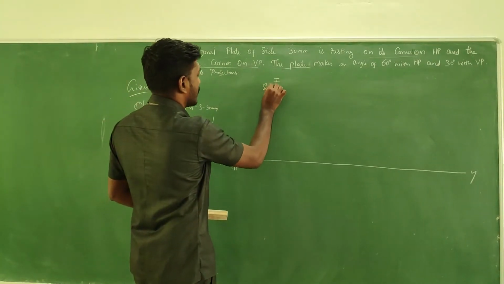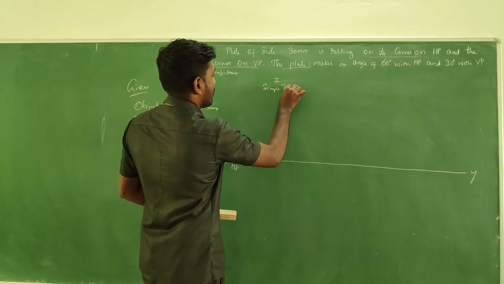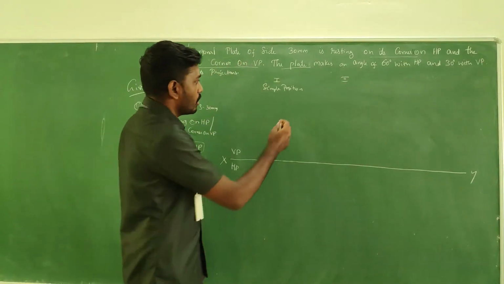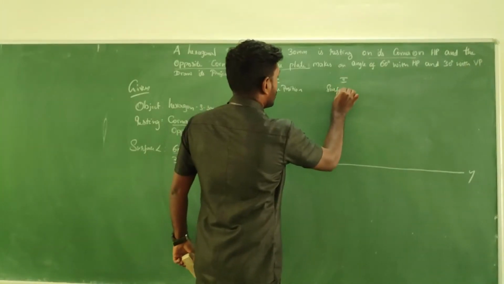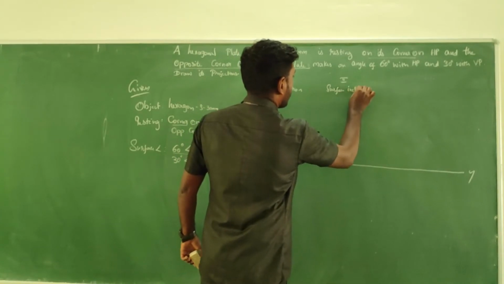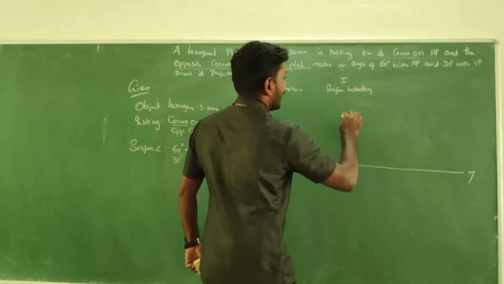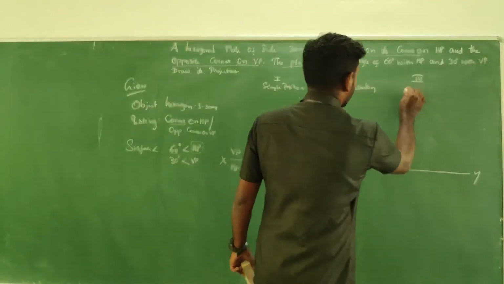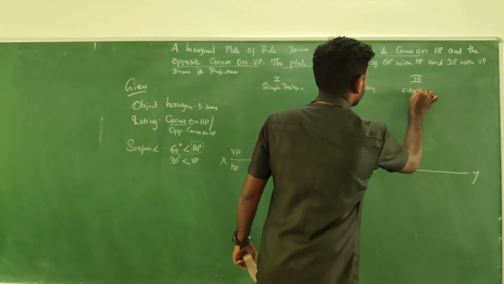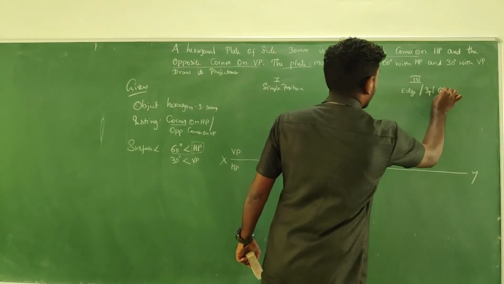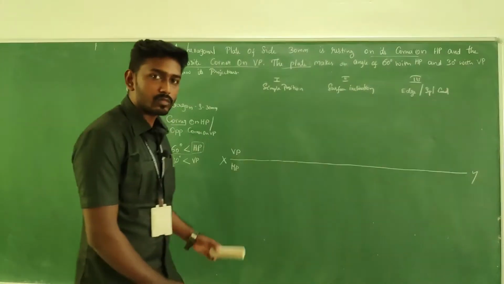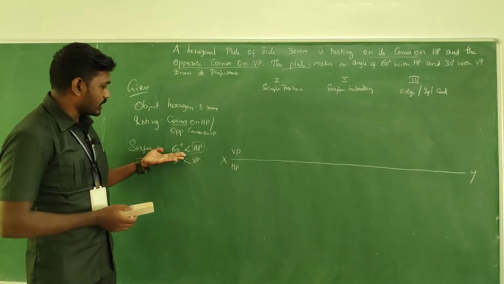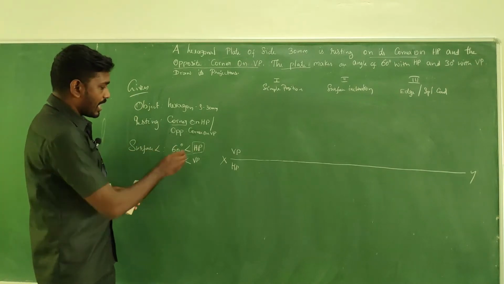First one is the simple position, second one is the surface inclination, and the third one is edge or special kind of conditions. Okay, in the simple position, I'm going to take this surface inclination 60 degree to HP.